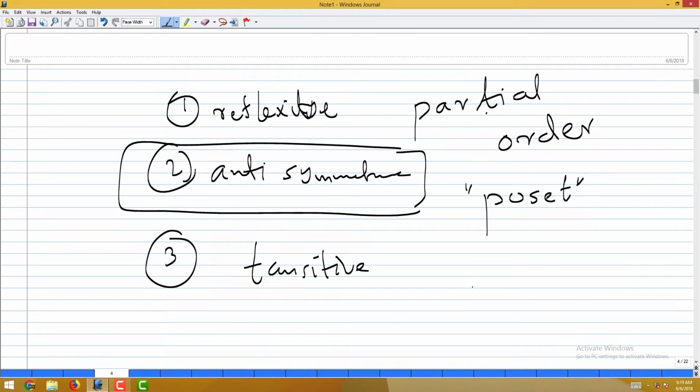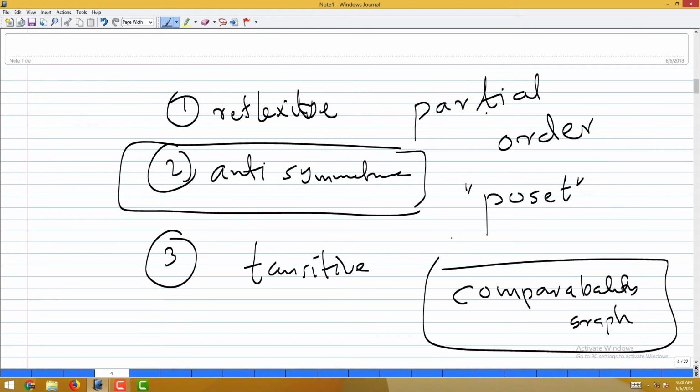So, once you get a partial order, just get rid of the arrows and you get the underlying undirected graph, that is the comparability graph corresponding to that partial order, because the comparability relation is captured here, showing which pairs are comparable.